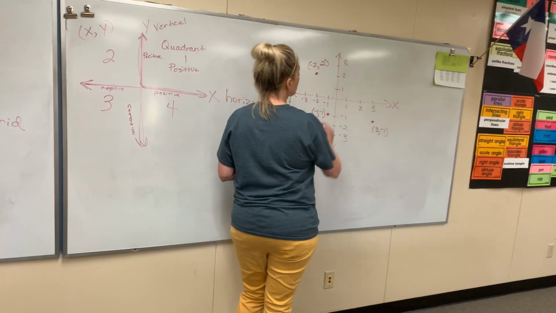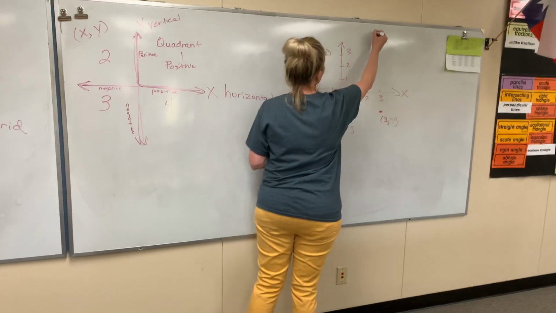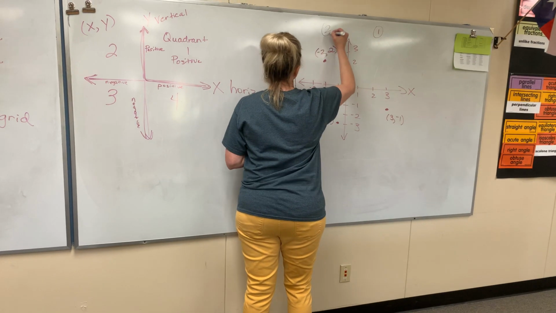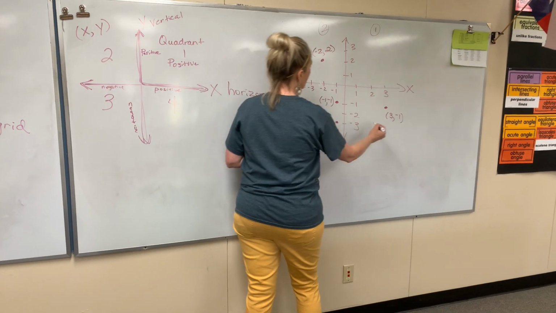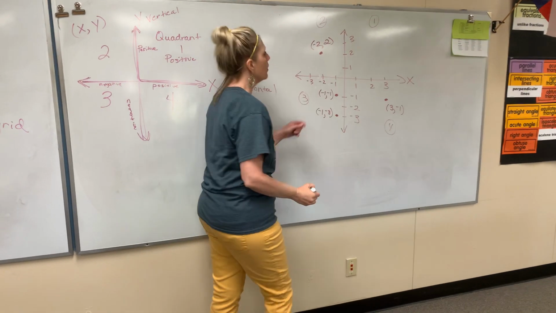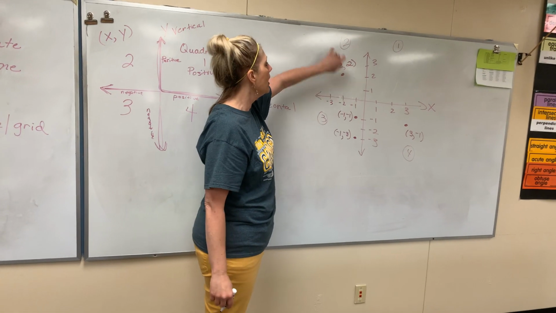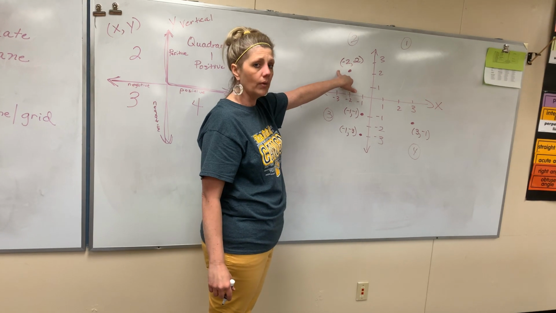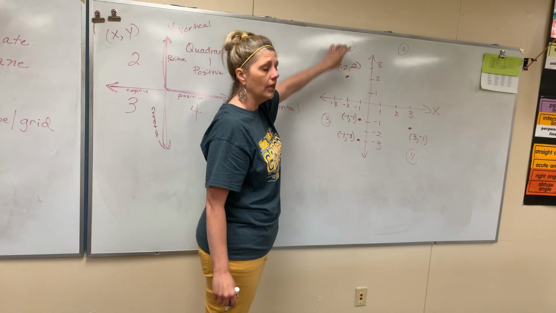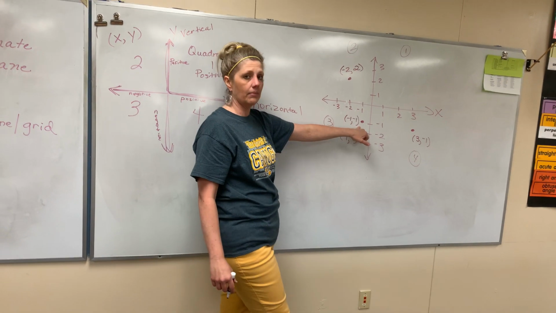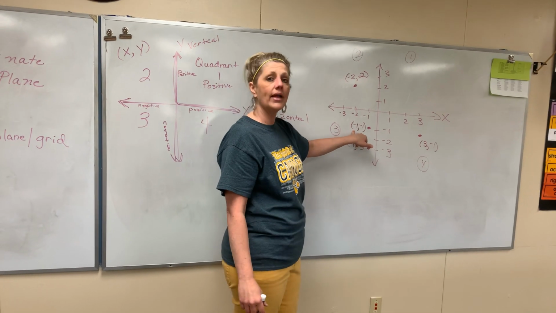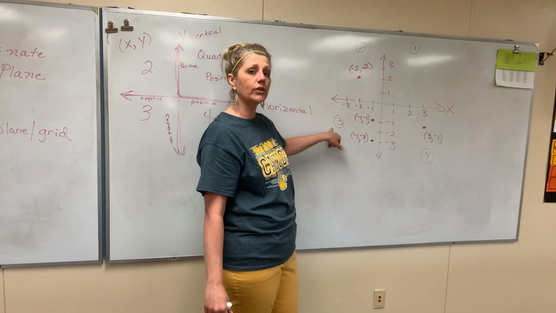Let's go back to the board for just a minute. So if I look at these dots, this is quadrant 1, quadrant 2, quadrant 3, and quadrant 4. If I asked you what quadrant that dot's in, you're going to tell me his name is -2, 2, and he is in quadrant 2. If I ask you what this dot's name is, his name is -1, -1, and he falls into quadrant 3.